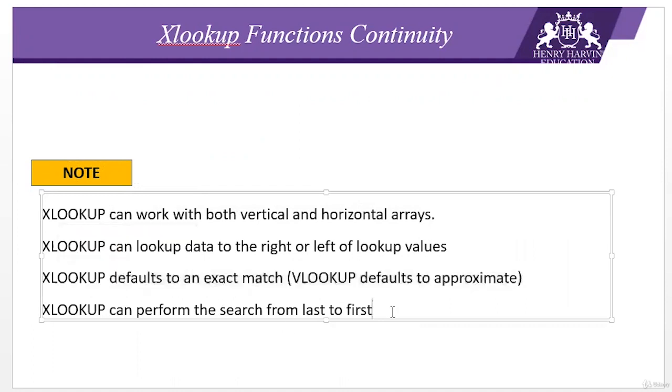XLOOKUP can perform the search from last to first. So now you understand XLOOKUP's default is exact match, and VLOOKUP's default is approximate, guys. This is actually the difference which we will understand today in our session.